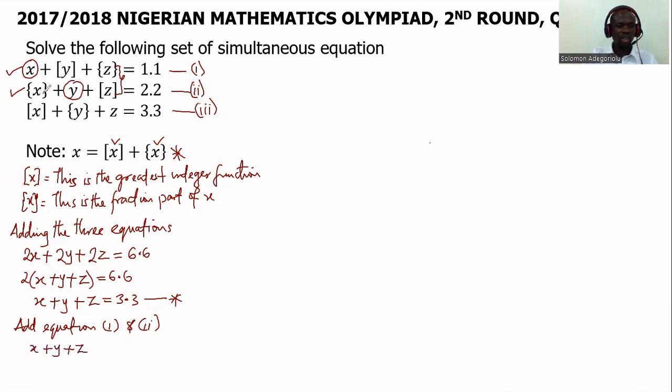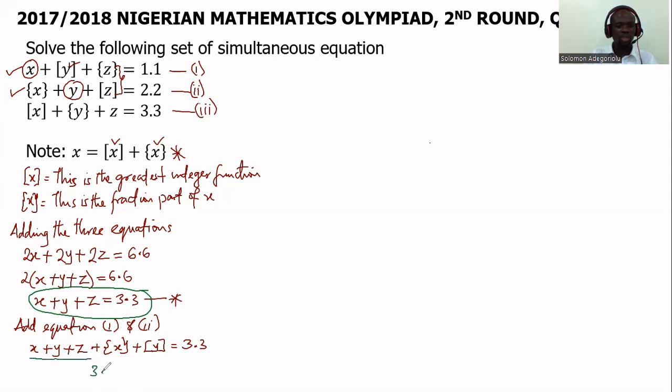Then addition of this and this, take note, that's plus this and plus this, which is equal to, if you add equation 1 and 2 together, 1.1 and 2.2, 3.3. So we've gotten the value for this already. Take a look at this: x plus y plus z is 3.3. So we know the value of x plus y plus z.